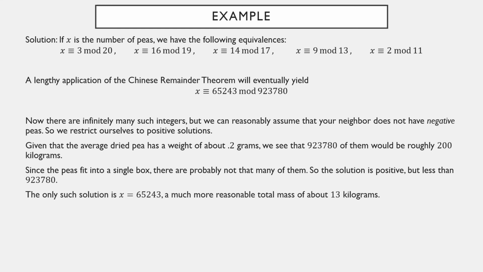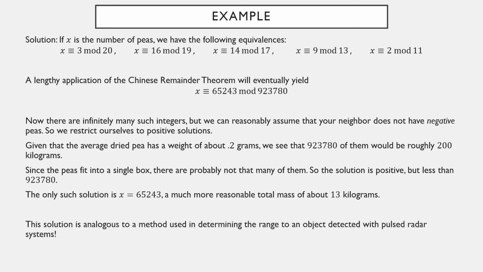So the only integer equivalent to 65,243 mod 923,780, which is also less than that base of 923,780, is equal to 65,243. That's got a total mass of about 13 kilograms, and I can believe that we had 13 kilograms of peas in a box because we've all been there.